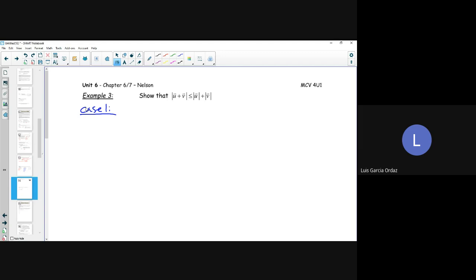We're going to assume that if vector u and vector v are non-collinear, then vector u, vector v, and u plus v form a triangle.